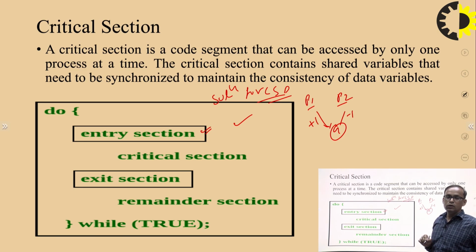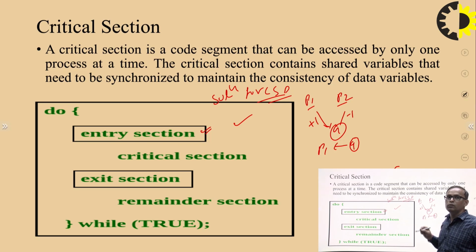Okay, so what is the role of the critical section here? It says that whenever process P1 is updating the value of A, that is, whenever the first process is using the common or shared variable, if at the same time the other process P2 also wants to update or access the value of A, then that access by P2 must be prevented.